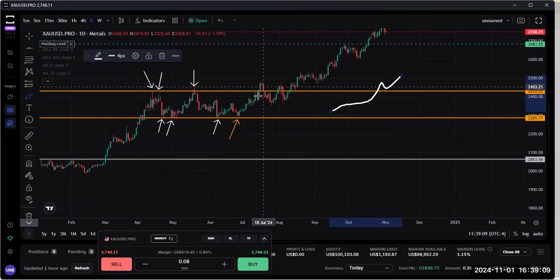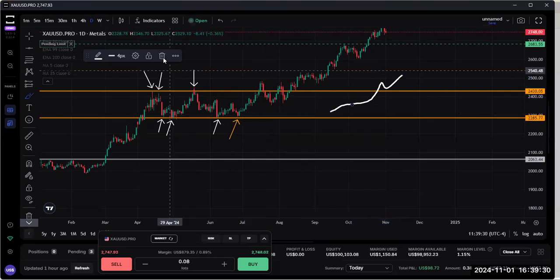So in this case here, it broke out, but it didn't hold. Came back down. So we'll call it a fake out. So let me delete this.